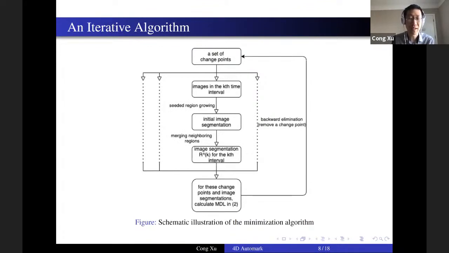And then we find the corresponding value for the objective function. Then after that, we modify the set of change points and make some updates. We have a new value for the objective function. After that, we have a sequence of results, and we just choose the one with the best objective function. Then that's the corresponding estimation we get.